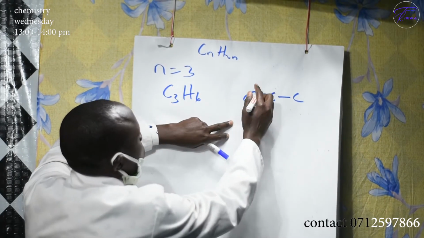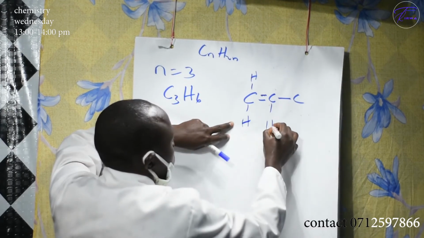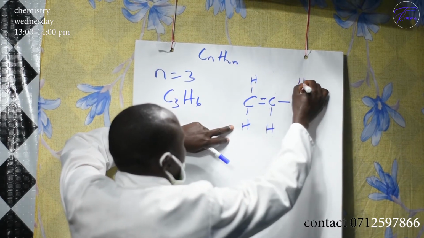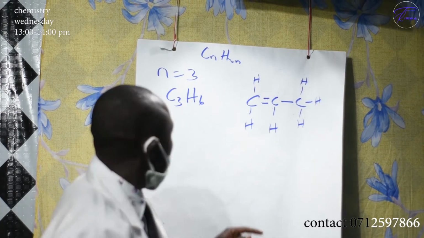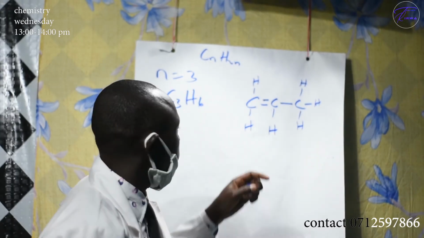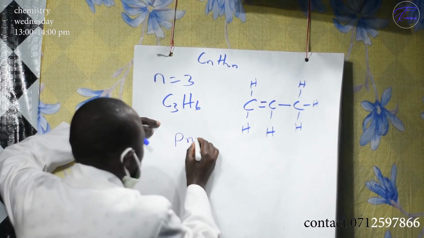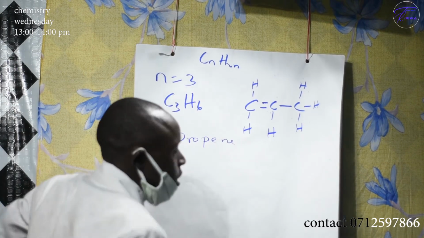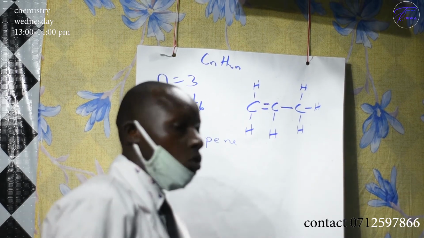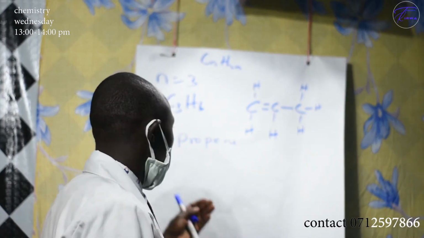So these are 1, 2, 3, 4, 1, 2, 3, 4, 1, 2, 3, 4. You will realize that we have 6 hydrogens and 3 carbon atoms. So this one is called propene. So we are doing eth, prop, and then you only add the suffix ene for all of them.